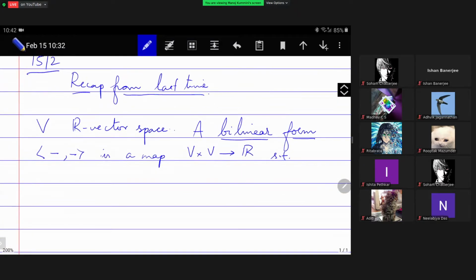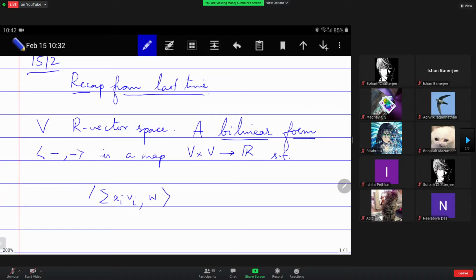So I'll just summarize this in one step. If you have a_i v_i on one side and w from the second copy, when we write like this, unless I say something explicitly, I mean a finite sum. So if you have a linear combination on the left, keeping w fixed, this is linear on the first thing, so it will split.